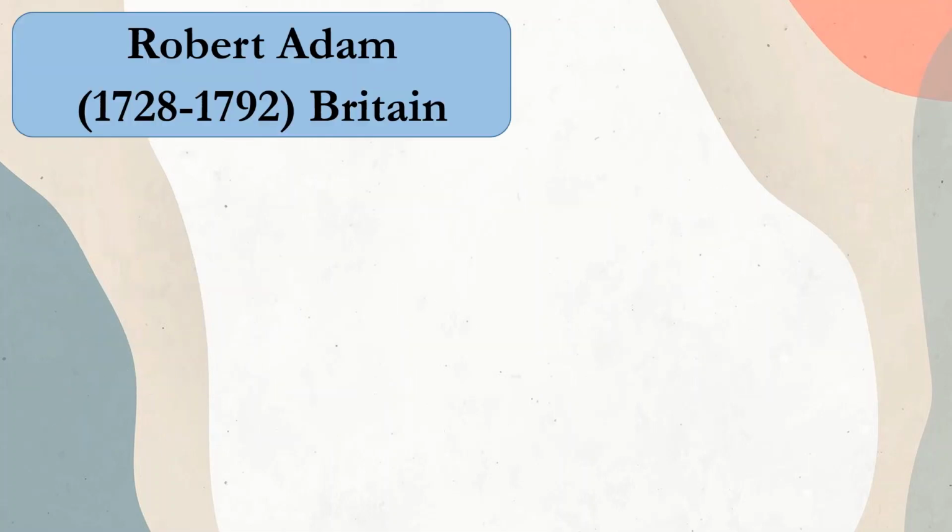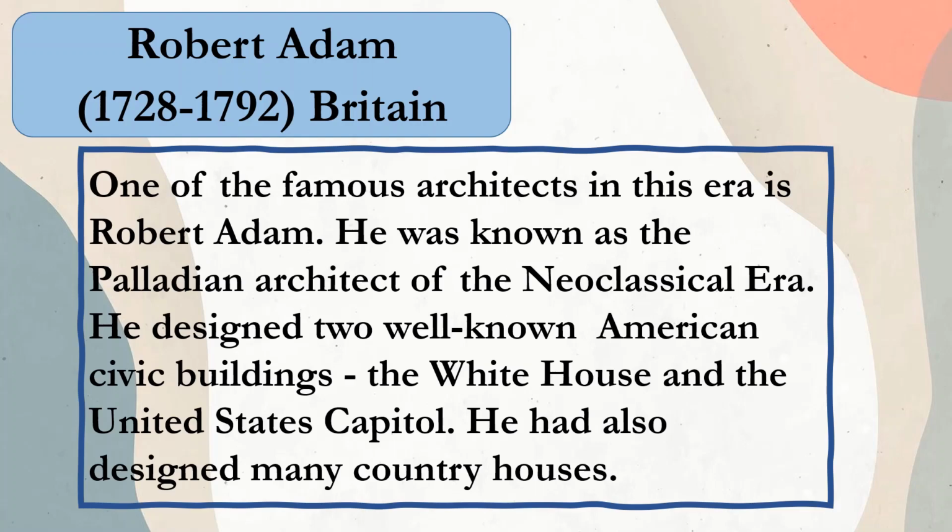Robert Adam is one of the famous architects in this era. He was known as the Palladian architect of the neoclassical era. He designed two well-known American civic buildings, the White House and the United States Capitol. He had also designed many country houses.